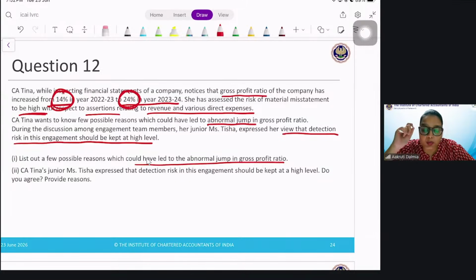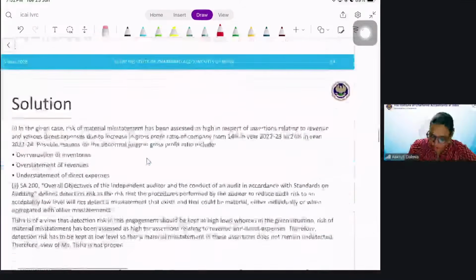I'm talking about non-proper methods. Meaning if something went wrong. If you suspect that there is something problematic, there is scope for manipulation because of which the gross profit can rise from 14% to 24%. This is how you have to think about the answer. So I'll show you.